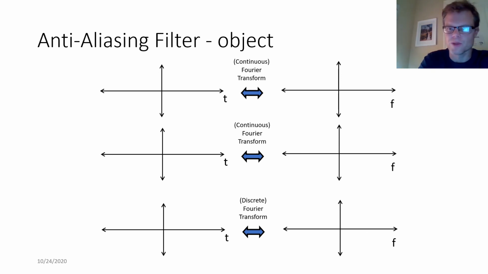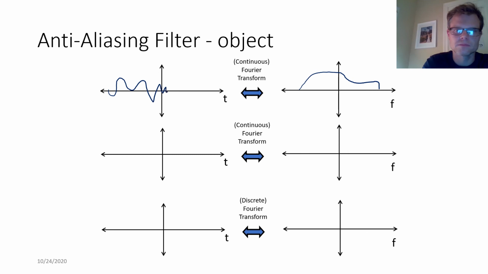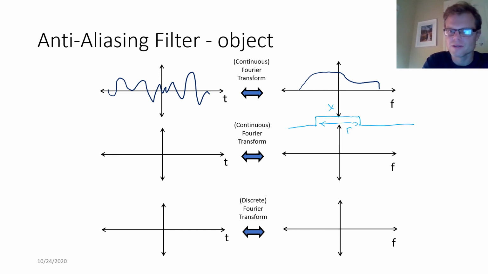Okay, let's just go through that same example, maybe a little bit different object here. I don't know, just making up a signal here. But we're going to do our low pass filter operation, or now we're going to call it an anti-aliasing filter because that's its purpose. And I'll use the abbreviation AAF, anti-aliasing filter.